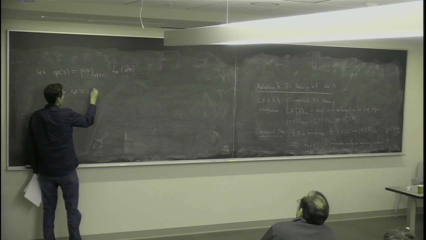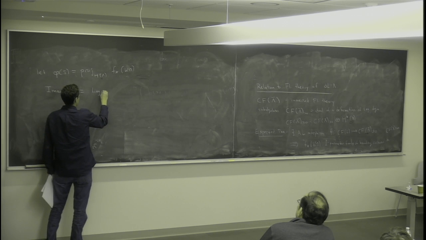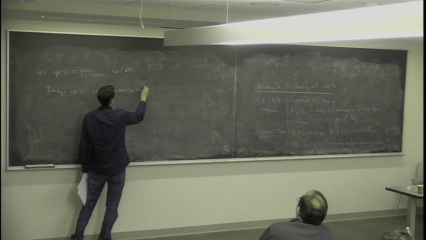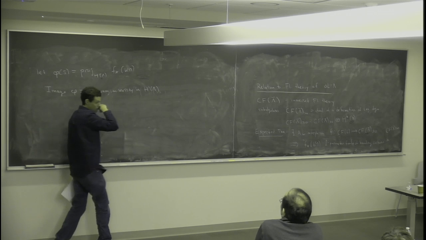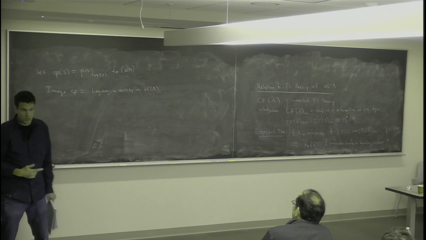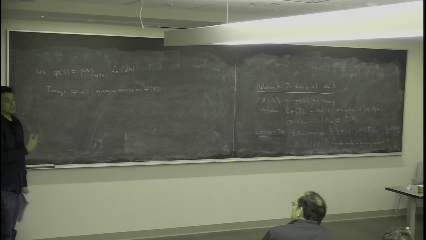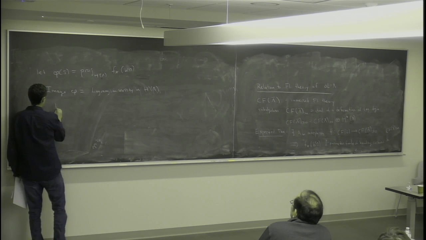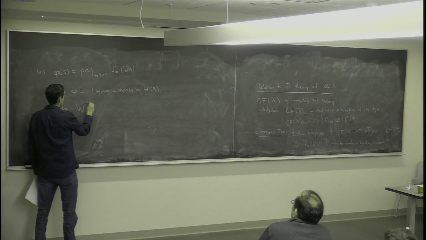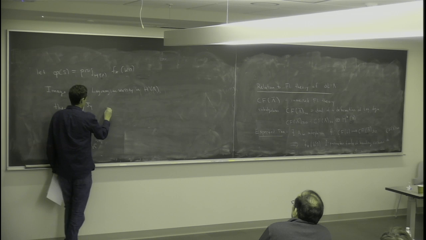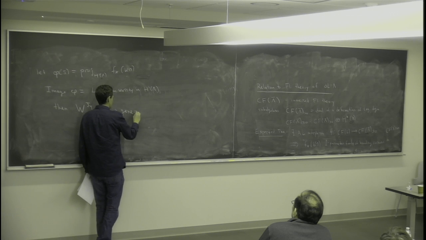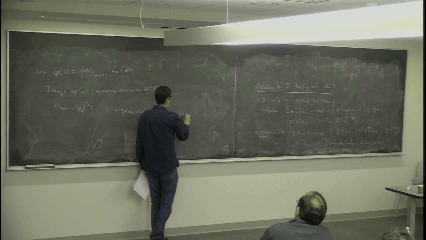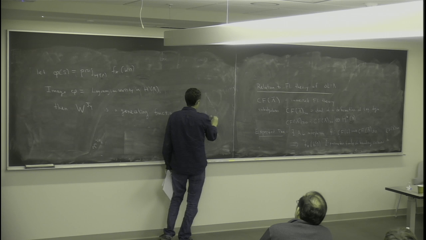Then W is a generating function for this Lagrangian. In other words, if I pull back the canonical one form p dq by this embedding phi, then the differential of this potential function is the pullback of this one form.